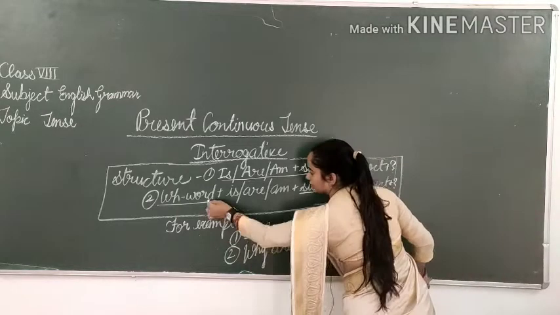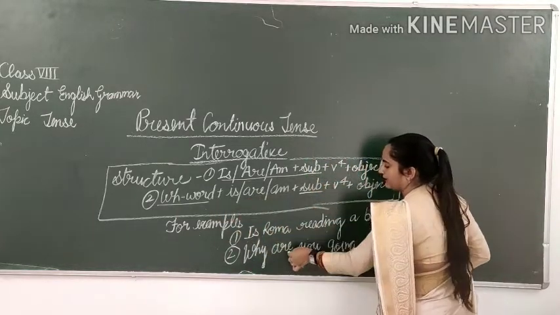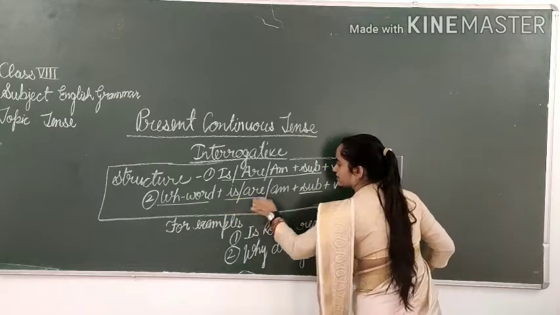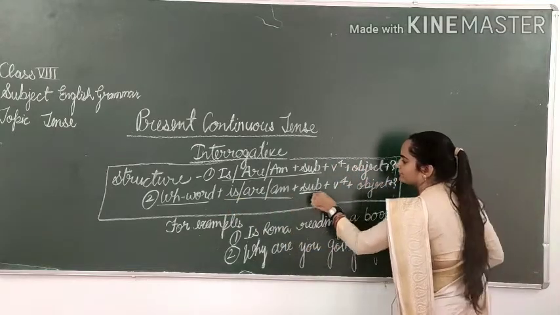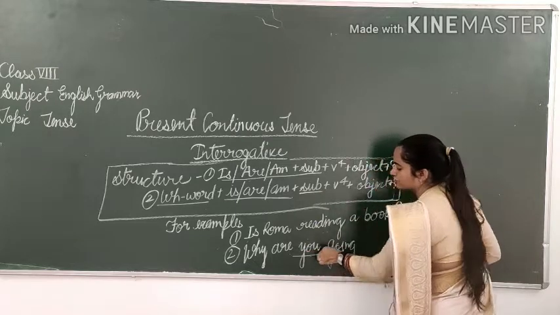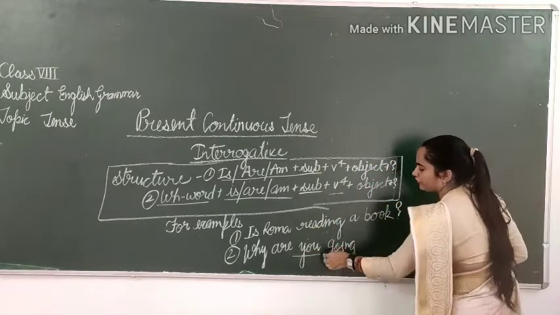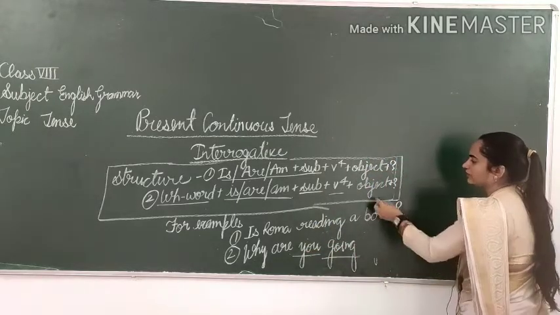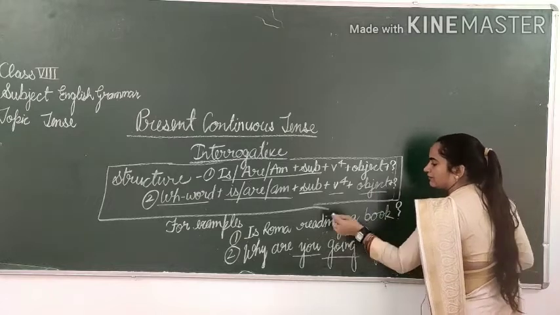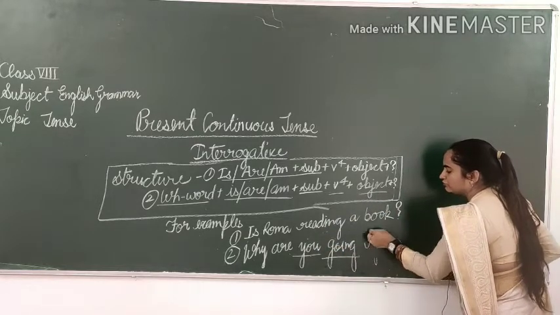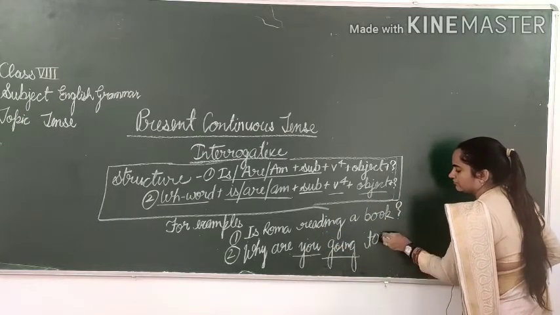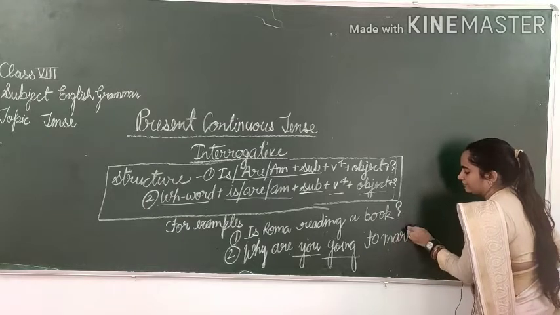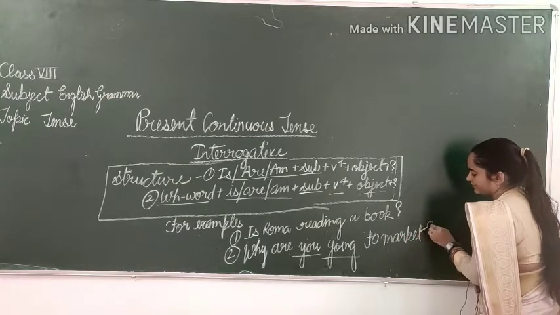This is your WH word. Then after you have taken helping verb, this one is completed, and then after subject, you is your subject, V4, going is your V4. Now object. Why are you going to market?